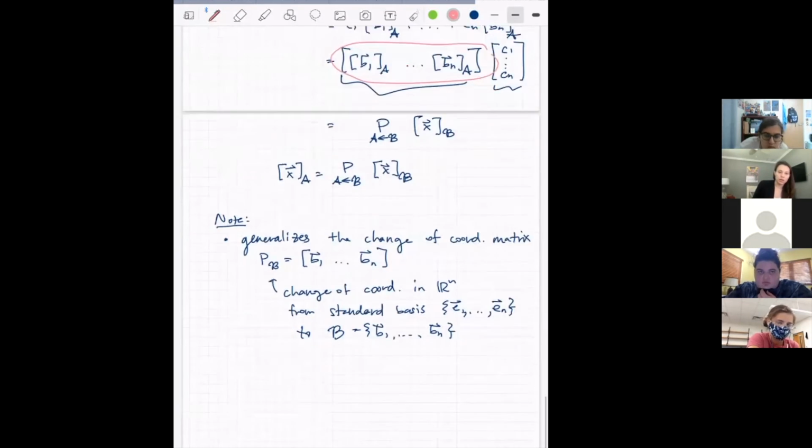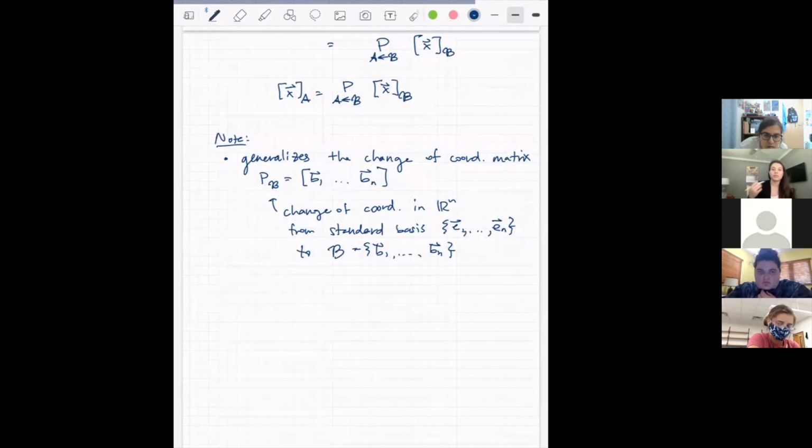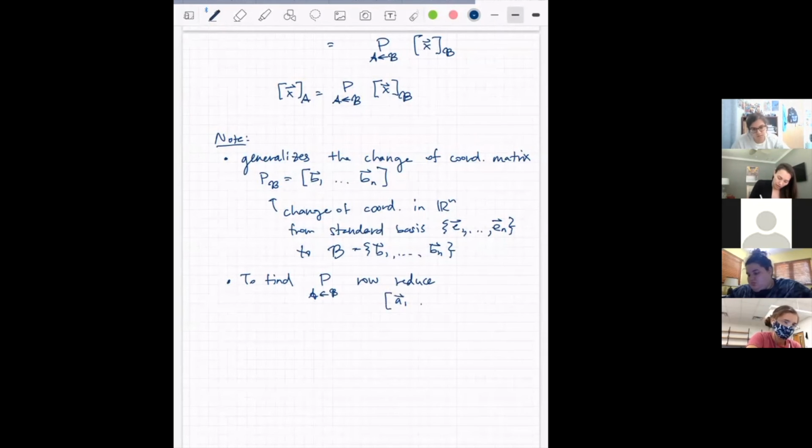And also, to actually find P, practically, what you can do is row reduce the matrix A1 up to An.